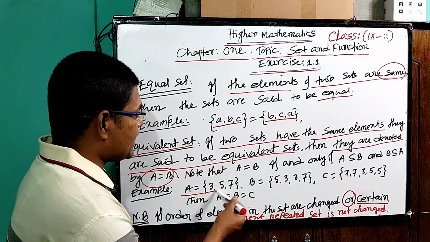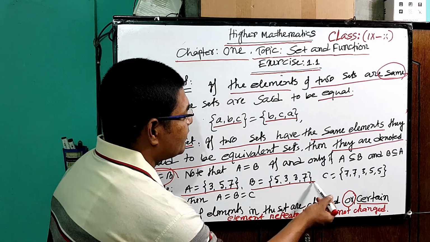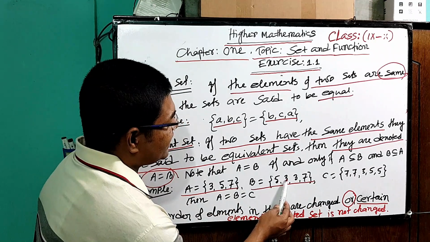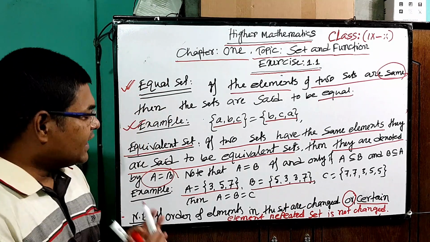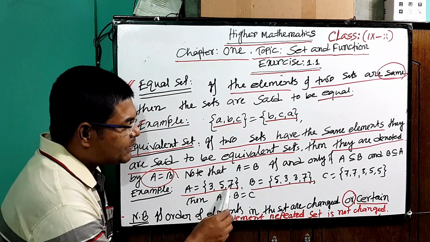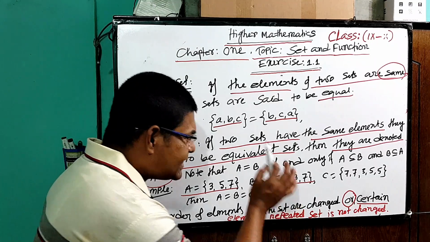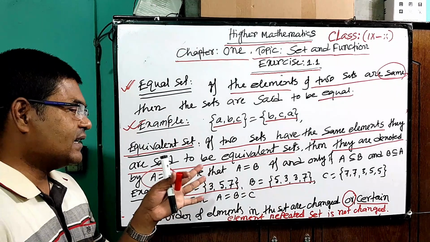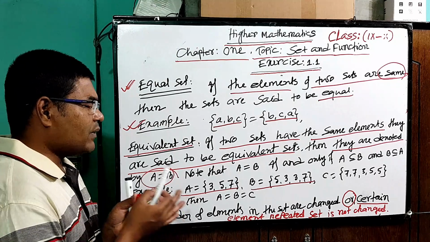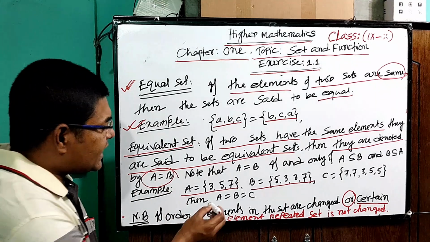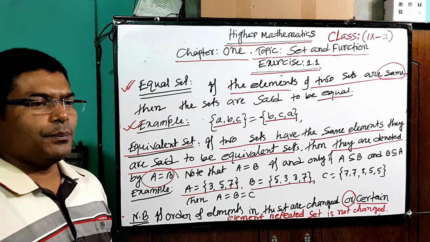B equal 5, 3, 3 and 7. Here is 3, 5, 7. So if we can see, here 3 is repeated. So according to the set, we can say A equal to B.